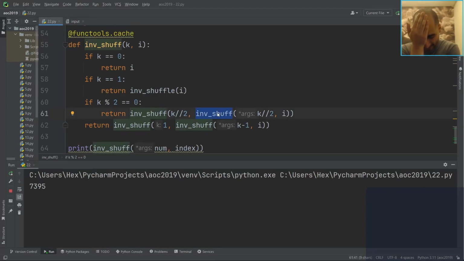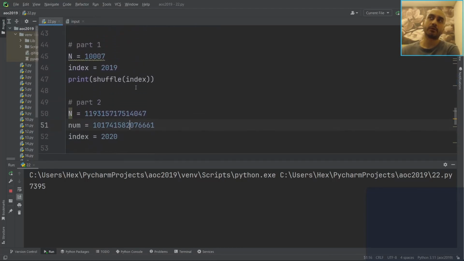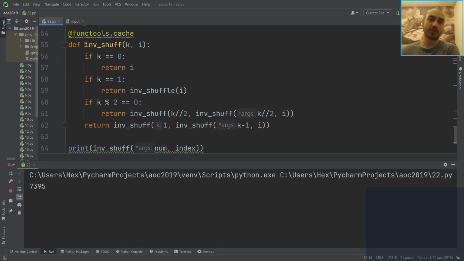Now the last step, and it's probably just a small step that I'm missing. How do I get the square of a permutation without having to compute the whole thing? I want to do inverted shuffle 2 to the power of, I don't know, 20 times applied to a single index.